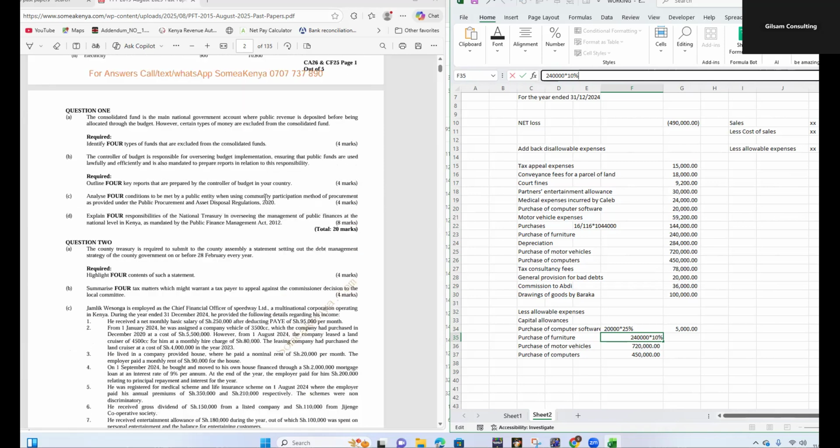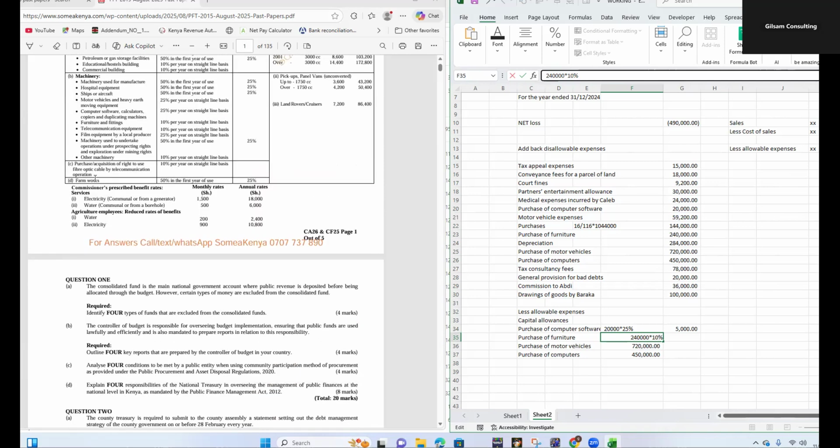If we go back here, you've been told where the 10% is: furniture and fitting, 10% per year on a straight line basis. So pick that 10% here. And then motor vehicle, class 2, and moving machine. Motor vehicle and moving machine, 25%, and 25%.